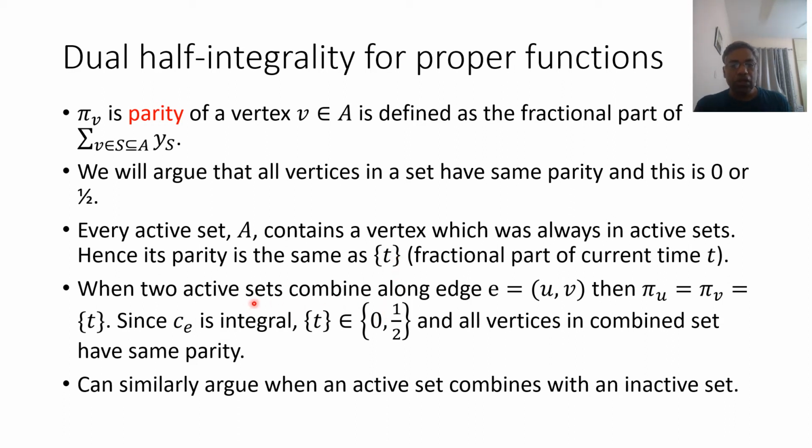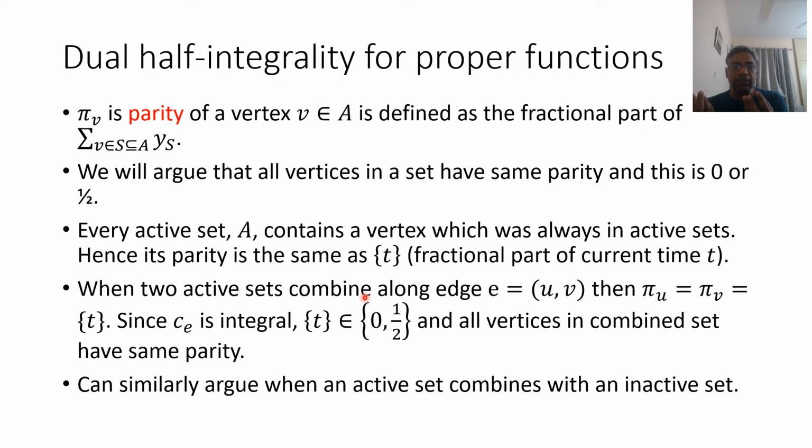So I'm going to do this proof by induction, or I'll sketch the proof by induction. We are arguing that all vertices inside a set have the same parity, and this parity is either 0 or half. So consider two sets, both active sets. Our induction hypothesis is that all the vertices in these two sets have the same parity. And what will that parity be?